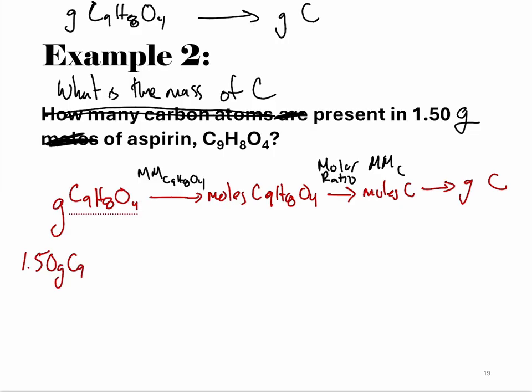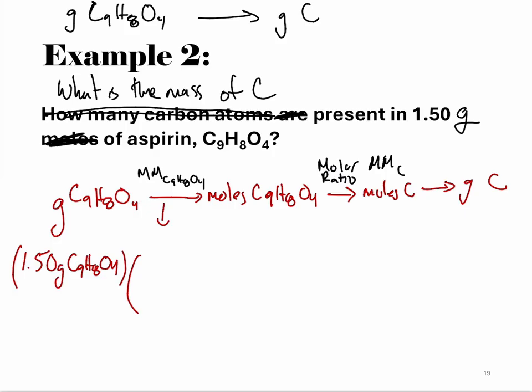1.50 grams C9H8O4, right? And we need to convert that using the molar mass of aspirin. So what's the molar mass of aspirin? Yeah, 180.16, right? And are we going to be multiplying or dividing that? Dividing. So where should 180 go?